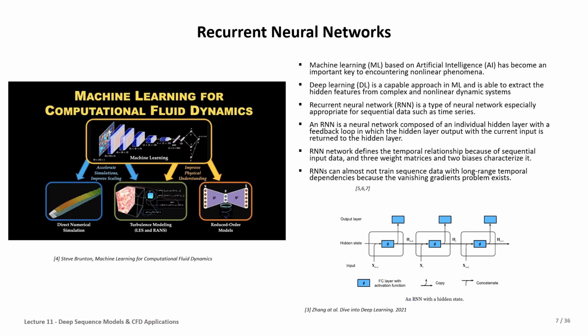One of the most capable methods is the recurrent neural network, RNNs. We can use it for sequential data, such as time series, and this matches some concepts in the fluid dynamics area, because in fluid dynamics we are mostly solving data on time series.